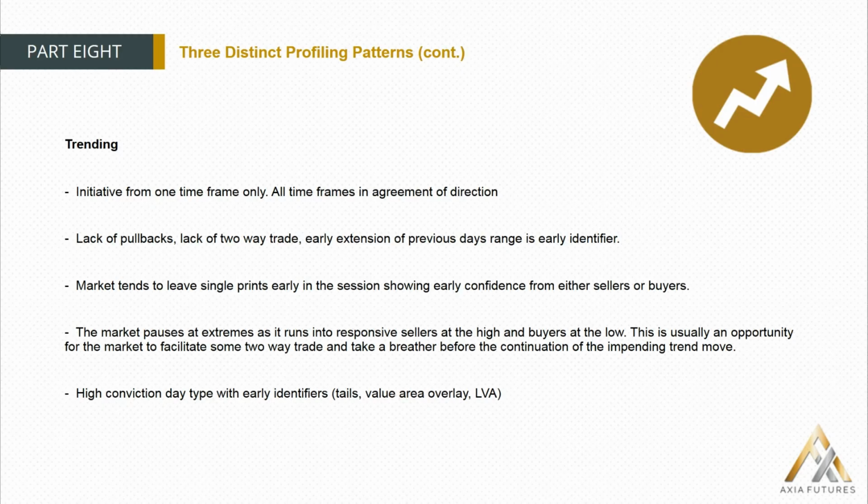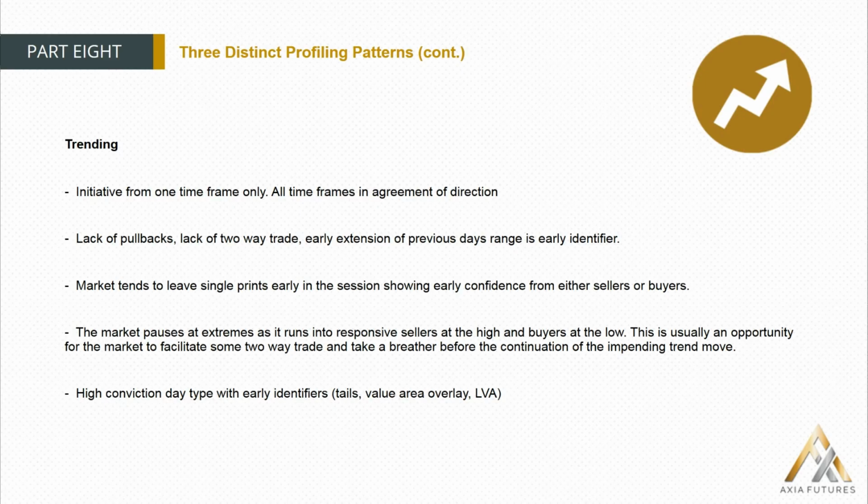Now remember, as we spoke about some of the characteristics of a trend day, we also spoke about some of the strong control variables. Now what you would typically see in a trend day is all of those strong control variables being exhibited.